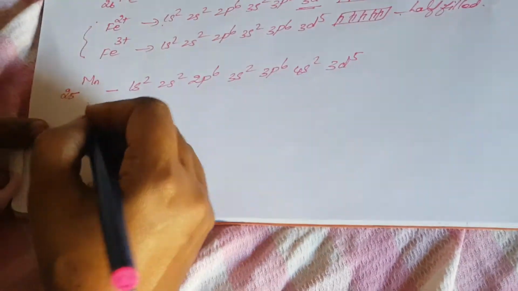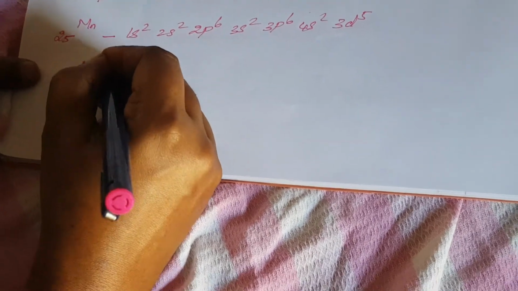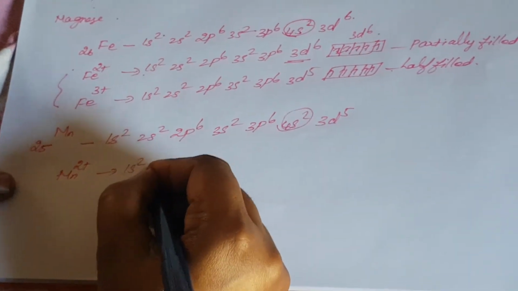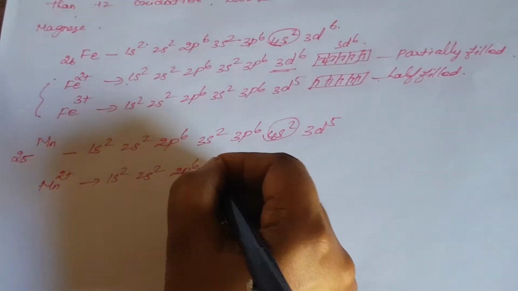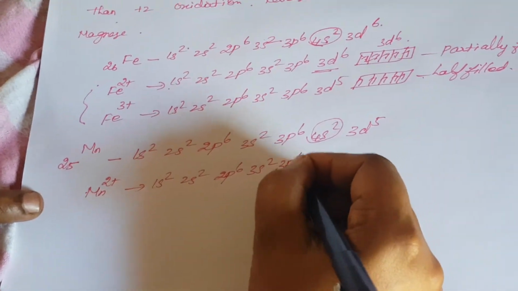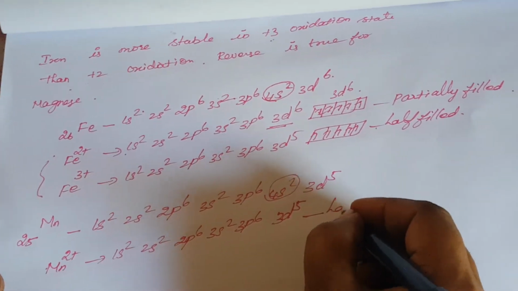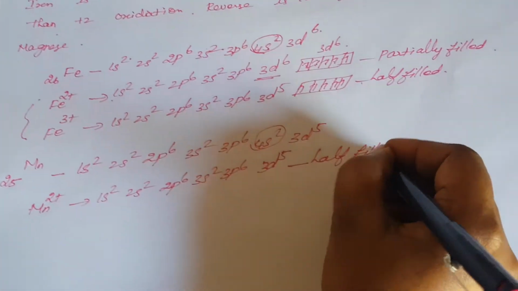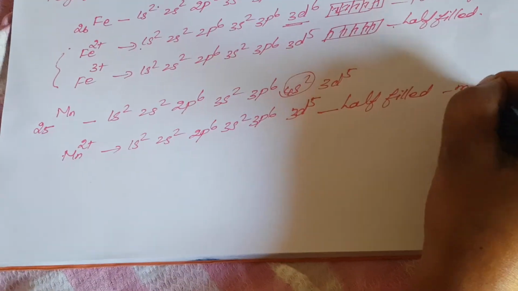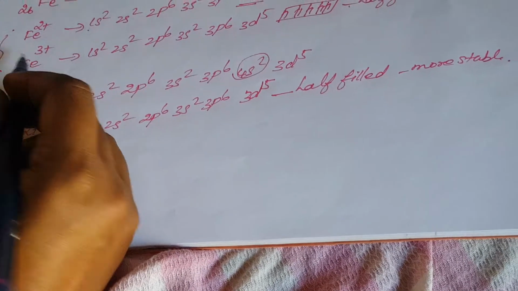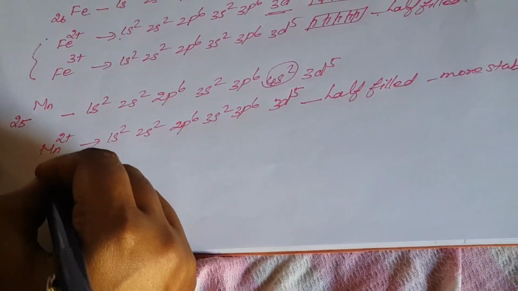They are asking about Mn2+. Mn2+ means we remove the 2 electrons: 1s2, 2s2, 2p6, 3s2, 3p6, 3d5. This is half-filled, so it is more stable.